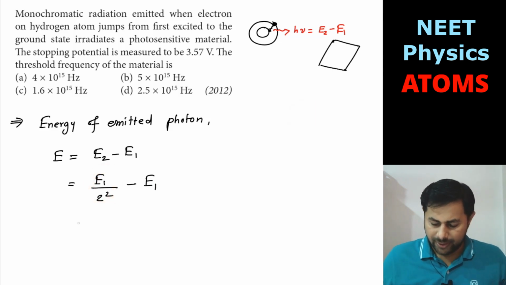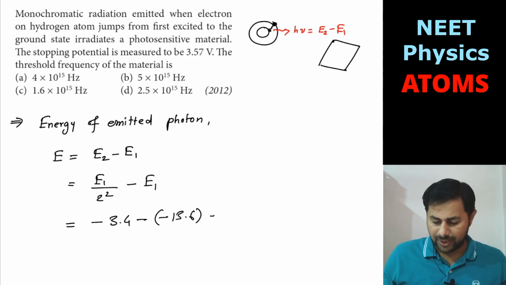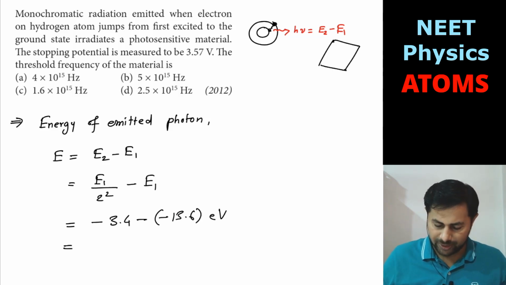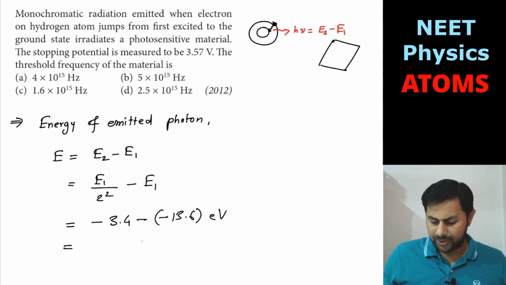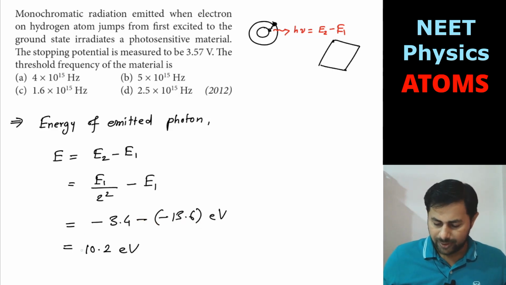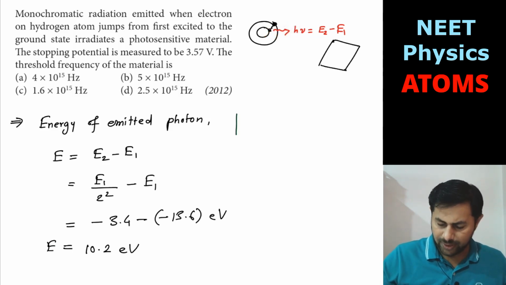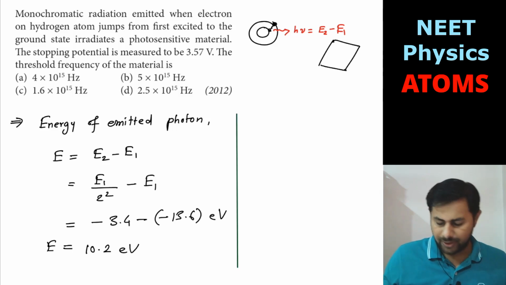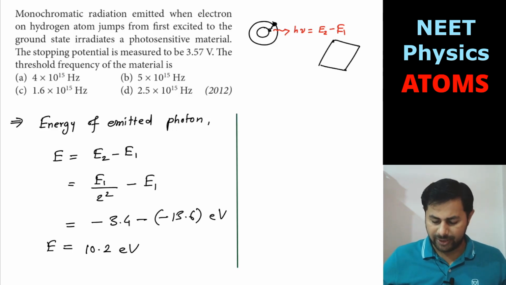So this is minus 3.4 minus minus 13.6, which is plus 13.6 minus 3.4, 10.2 electron volts. This is the energy of the emitted photon, which then strikes the photosensitive material.